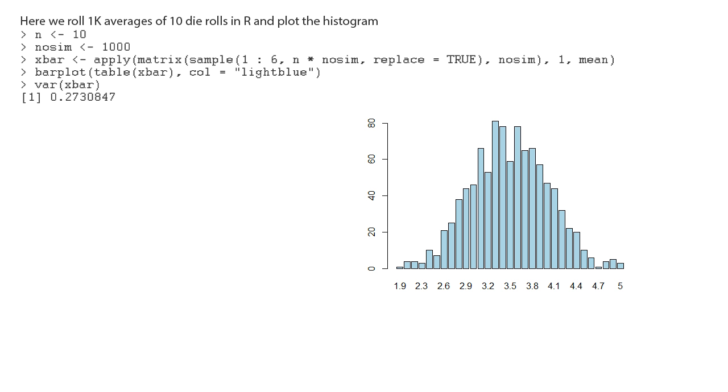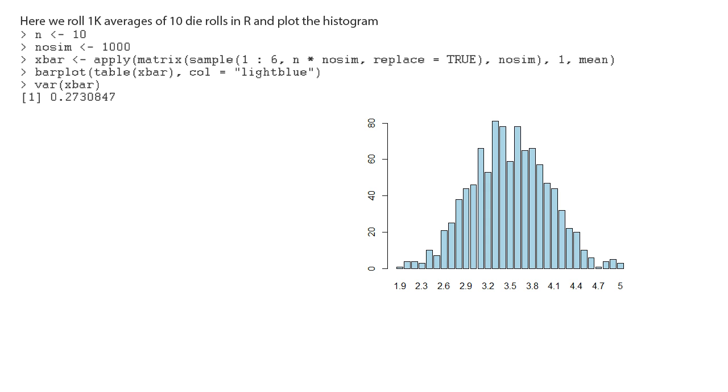If you got all 10 ones, the average of 10 ones is 1. And the maximum would still be 6. The average of 10 sixes is still 6. And so the bounds are 1 and 6, but it would not look like a uniform distribution on the numbers between 1 and 6, because you can get all sorts of different numbers, right? You can get numbers between 1 and 2, 2 and 3, and so on. So it has kind of a funny distribution, the distribution of averages of 10 die rolls.